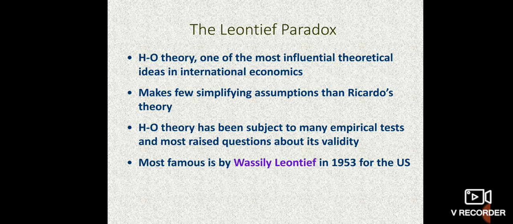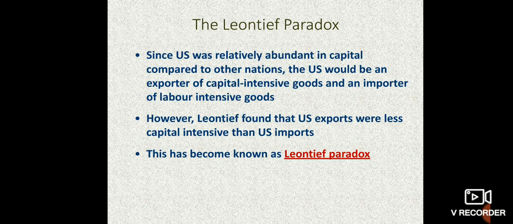The most famous of these criticisms is from Wassily Leontief in the year 1953 for the US. So let's see what Leontief's paradox is. Since the US was relatively abundant in capital compared to other nations, the US would be an exporter of capital intensive goods and an importer of labor intensive goods. This is as per the Heckscher-Ohlin theory.